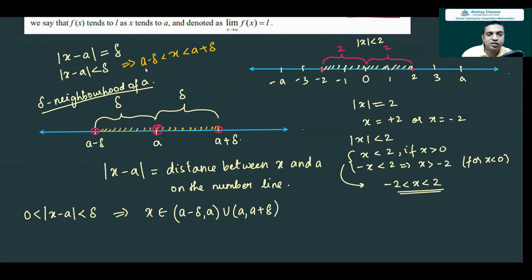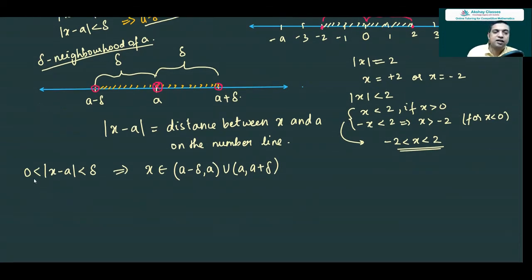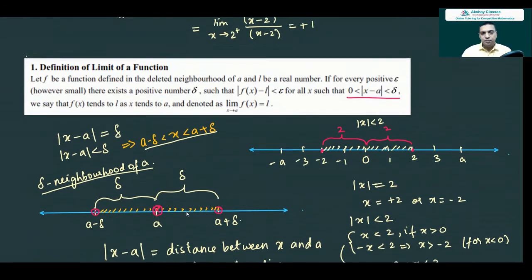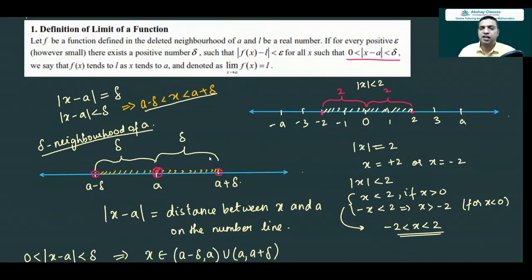In the previous case, x was taking A minus delta to A plus delta, but here it is not taking A. That is the only difference. This is called as your deleted delta neighborhood of A.